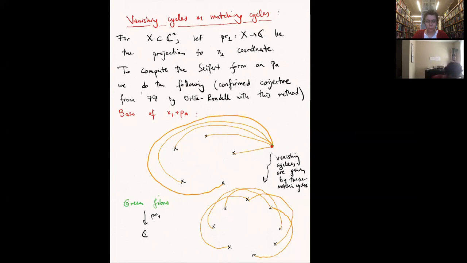Yeah, and now the part of this whole story that's most fun to me is this following step. In this situation, there's a general algorithm to compute the vanishing cycles in this green fiber as matching cycles using this Lefschetz fibration. Let me just tell you the result. Let's take this one, for example: its vanishing cycle on the green fiber is given by the matching cycle of this matching path.